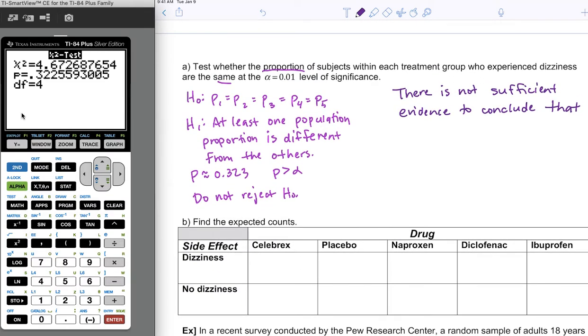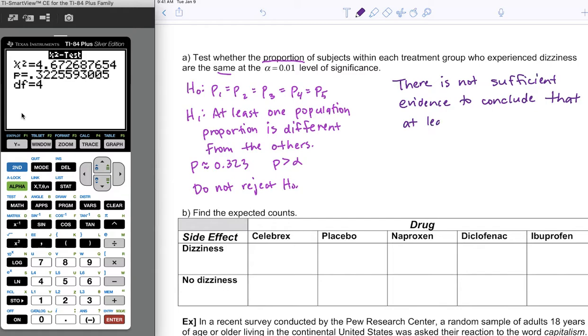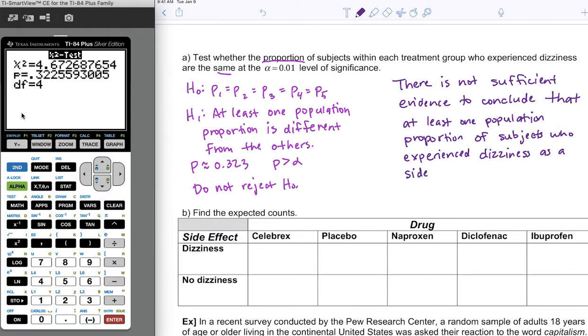Let's go with our alternative that at least one population proportion of subjects who experienced dizziness as a side effect is different from the others. More than one way to do this. This is just what I'm going to go with.